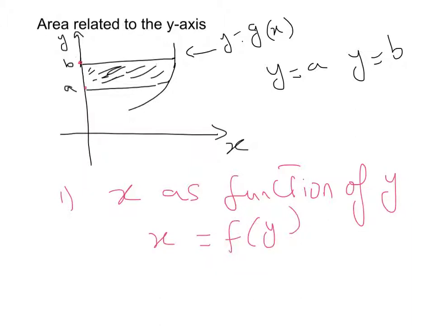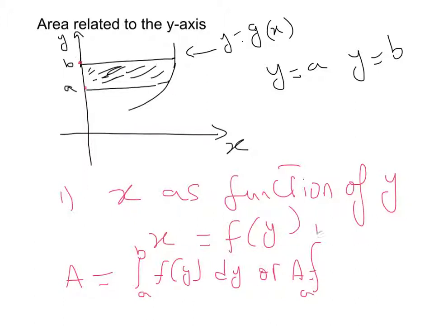Then it follows from that, using the area between the curve and the y-axis, A would be equal, still from a to b, but of course in terms of y, f of y dy. Or if you would like to say integration, A would be equal to the integral from a to b of x dy.